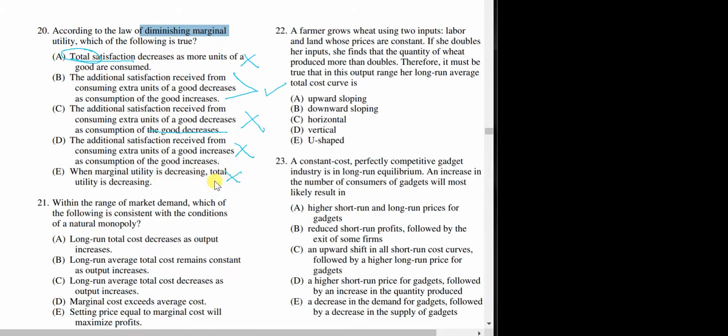Okay, number 21. Within the range of market demand, which of the following is consistent with the conditions of a natural monopoly? So they put natural in there because there's something that makes something a natural monopoly, and that would be very high fixed costs to get started, but as you keep adding customers, the cost of adding each additional customer becomes less and less and less.